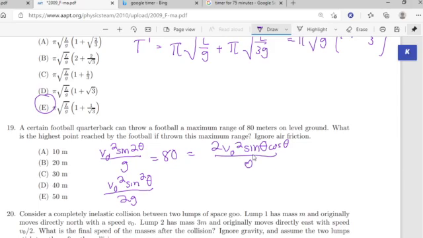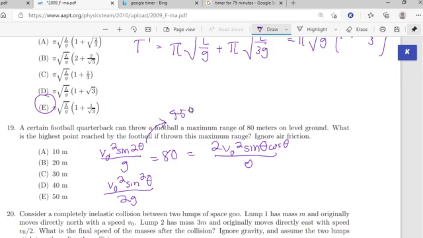Okay, wait. Okay. Hmm. I guess, well, the range we know is maximized at 45 degrees.